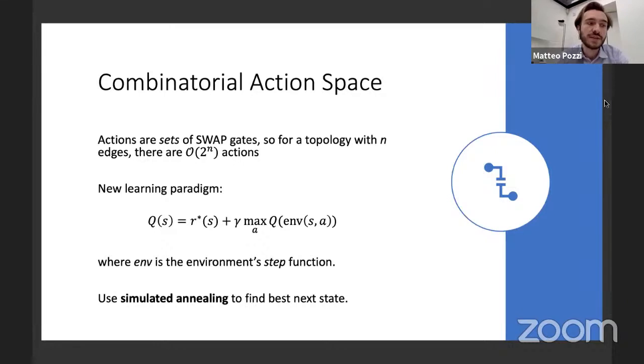This becomes problematic if the action space is too large. So they came up with a new learning paradigm, which is to just assign quality to single states. Then we can use simulated annealing, a combinatorial optimization procedure, to find the best next state.